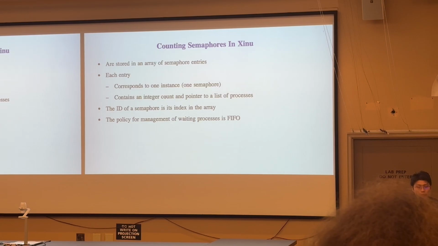So all the processes that are blocked on this semaphore will be remembered in this list that's associated with each semaphore. Okay? All right, so this list is the key that you need to understand for semaphores in Xinu. The idea of a semaphore is an index in an array, and the policy for management of waiting processes is first in, first out. But these can be changed, right? Okay.